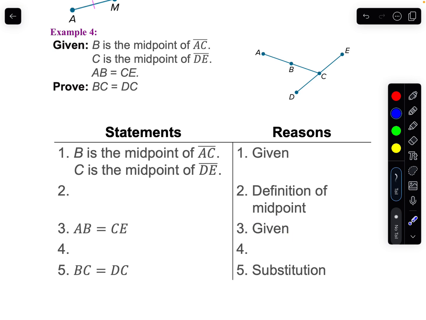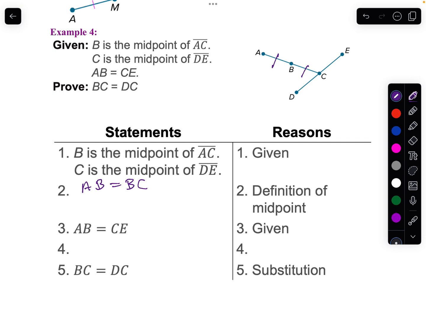Now let's take a look. My next reason is the definition of midpoint. So if I look at my first statement, I know B is the midpoint of AC. Since B is the midpoint of AC, I know AB equals BC because of the definition of midpoint.